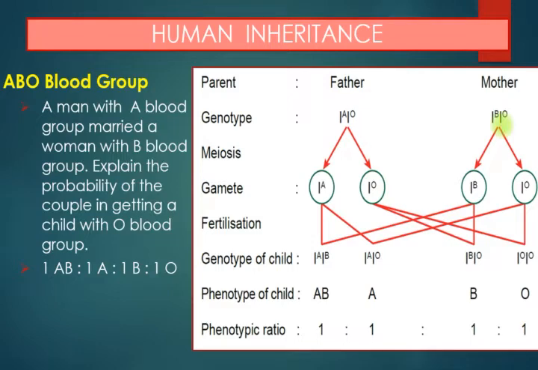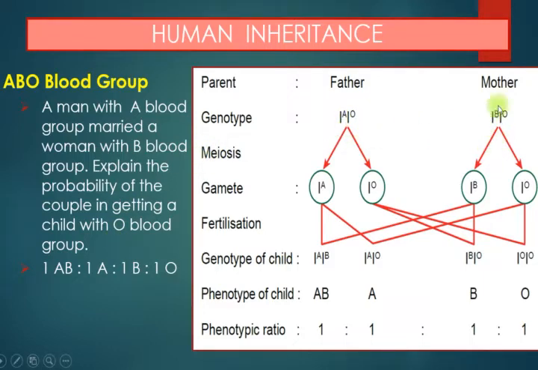When the question states that a man has A blood group, in your mind the possible genotype is either IAIA or IAIO. But since the question is asking the probability of the couple getting a child with O blood group, it means the father is heterozygous, not homozygous, which is IAIO.